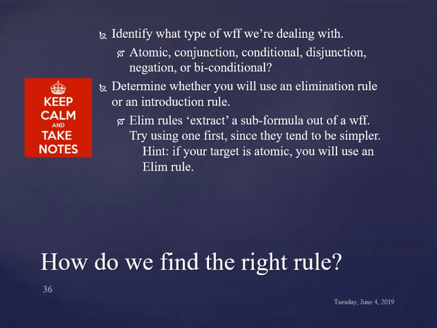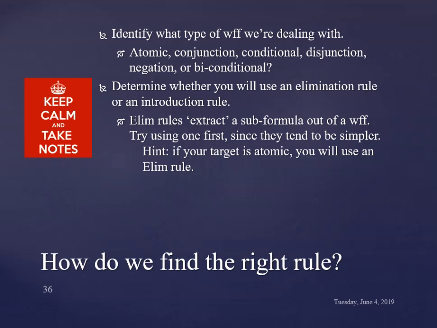And here's a hint that you should know. If your target is atomic, then you will use an elimination rule. Because remember, the introduction rules are always introducing a connective, which means that you're going to have a compound formula every time you use an introduction rule.